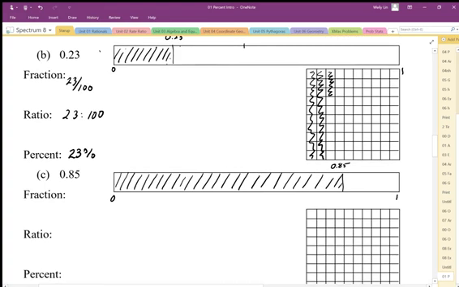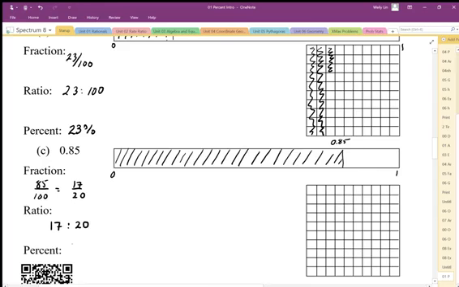Okay, as a fraction, it's going to be 85 out of 100. They share a common factor of 5. So I'm going to divide top and bottom by 5. Ratio, I'm going to write the lowest term ratio here. And as a percentage, we're just going to move that decimal over 2 places.